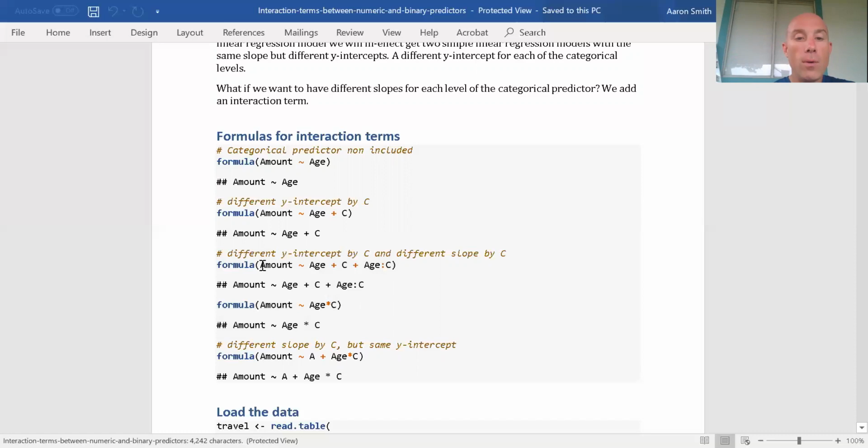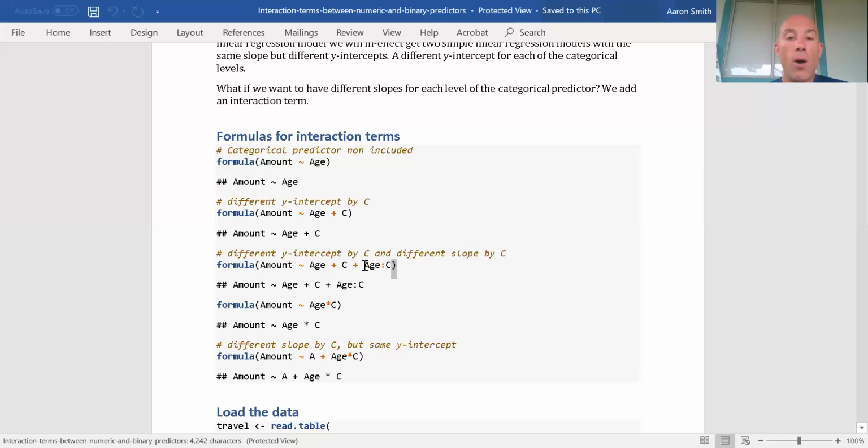So here, when I set this up, this is saying a different y-intercept for each level of C, but this one goes a step further: a different slope for each value of C. And now when I do the star multiplication, what that is saying is do both of these.